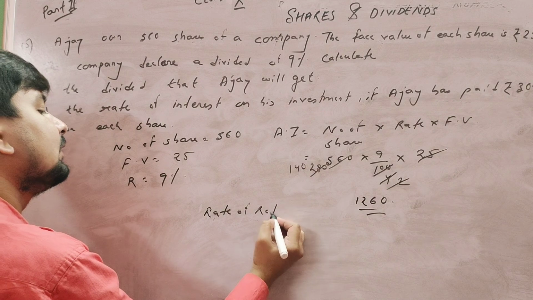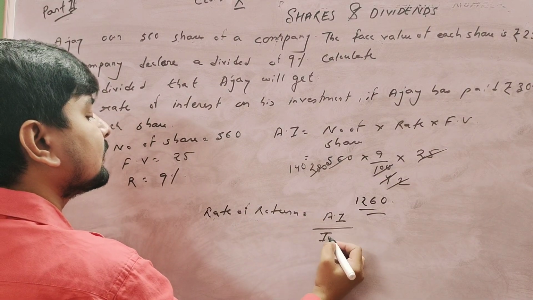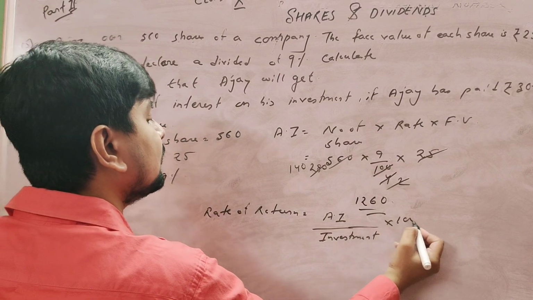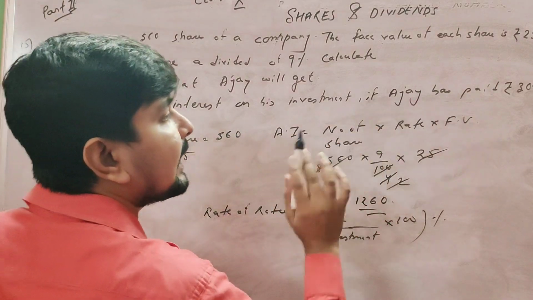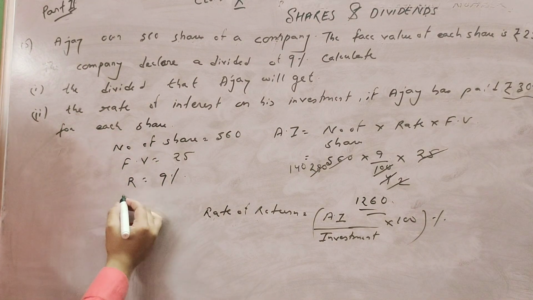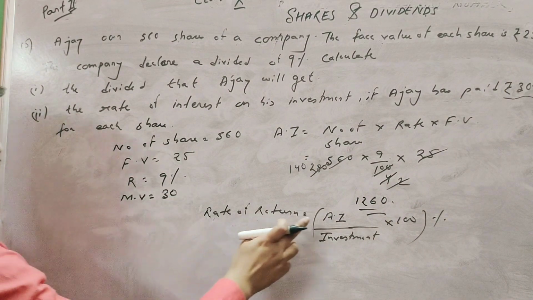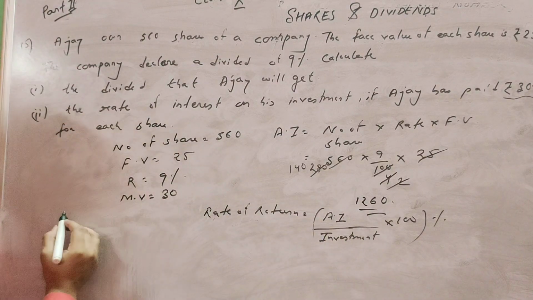Rate of return formula is annual income by investment into 100. Clear? If Ajay has paid rupees 30, that is, market value is given, share market value is 30. Okay, so we already have 1260 as annual income. First of all, calculate the investment.